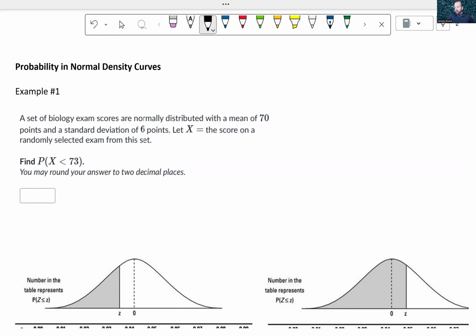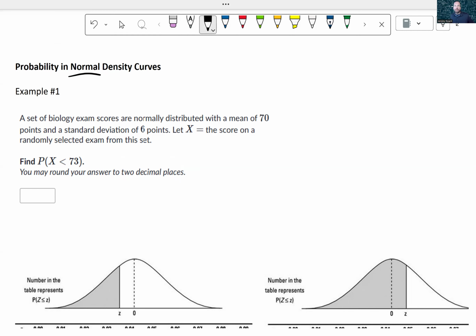Now notice on the z table we have things shaded in here. That's essentially the area under the normal distribution curve. So when we have a normal distribution and not something that is irregular like our first two examples, we can use the z table in a normal density curve.